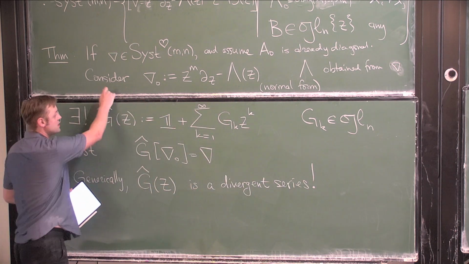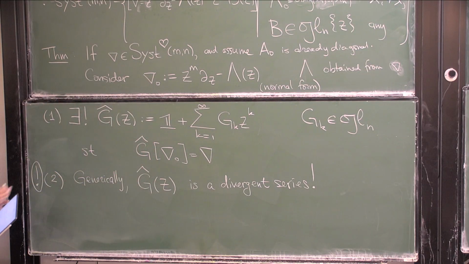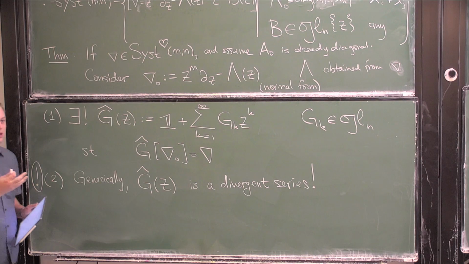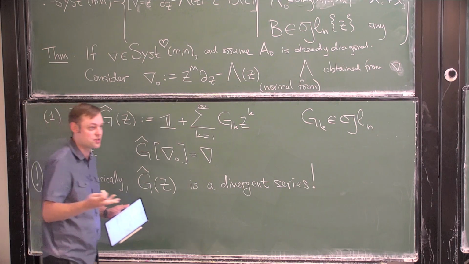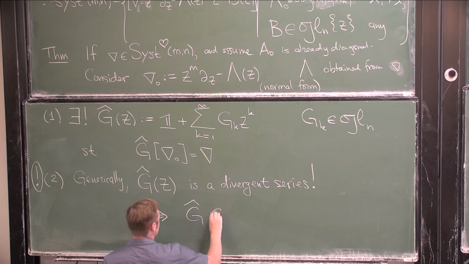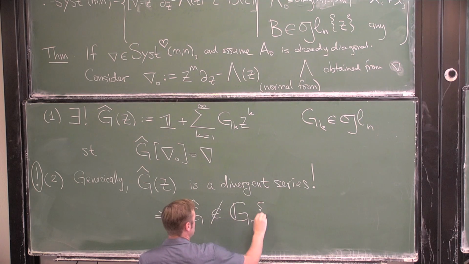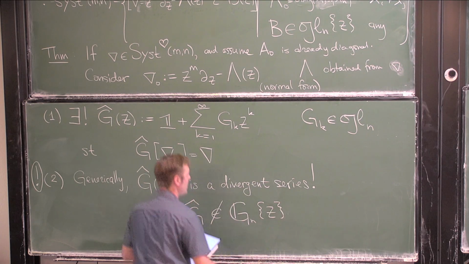So this nice, great-looking power series in Z, which would be the candidate for my gauge transformation, is not a gauge transformation. So G hat does not belong to my gauge group.